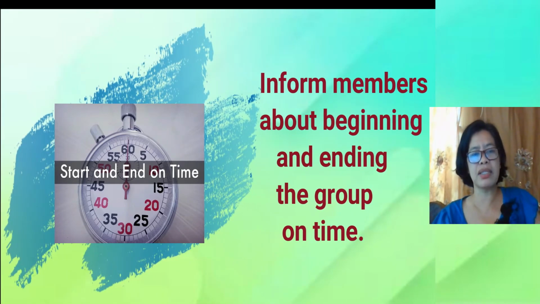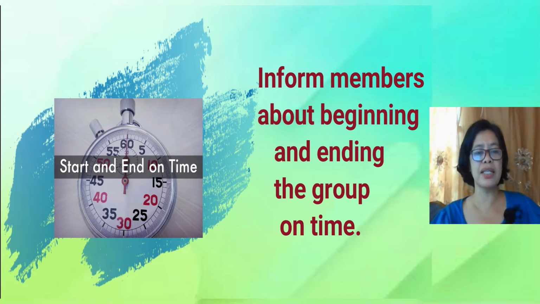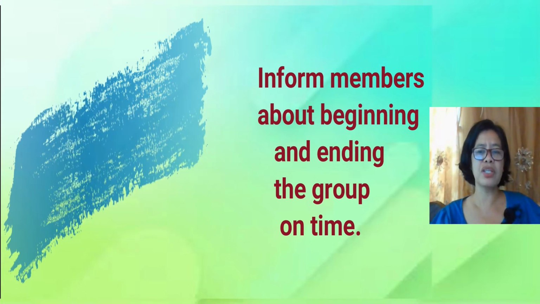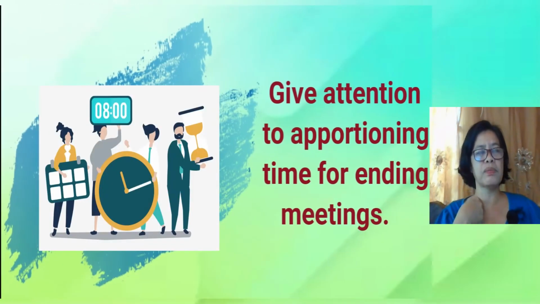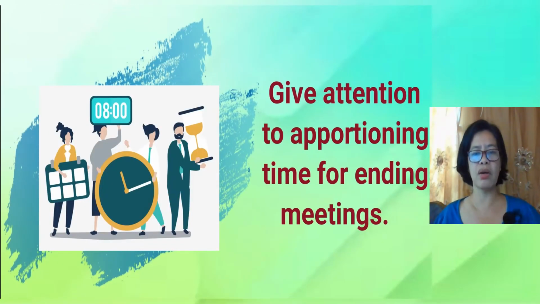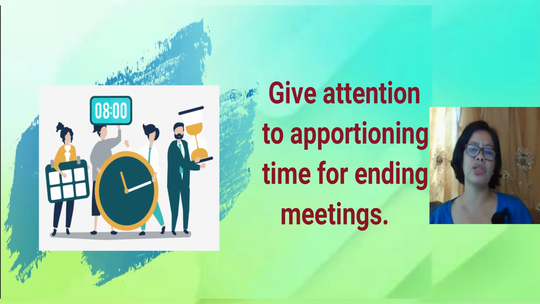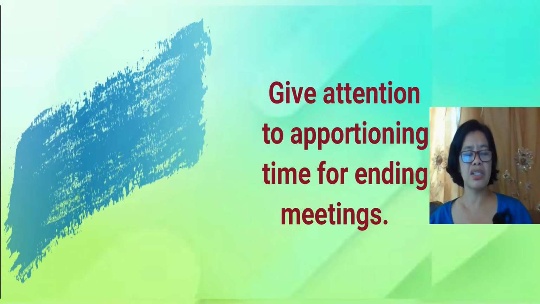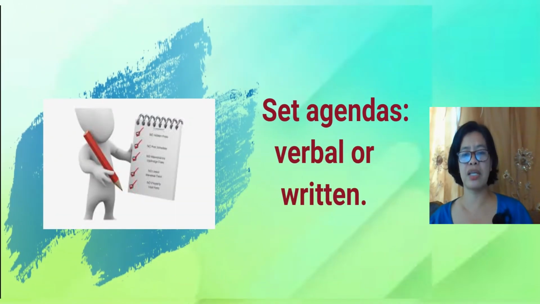For example, you would say this session will last for 1 hour only. And then give attention to apportioning time for ending meetings. So we have to say, after 15 minutes we'll be through with this session. Set agendas, either verbal or written.